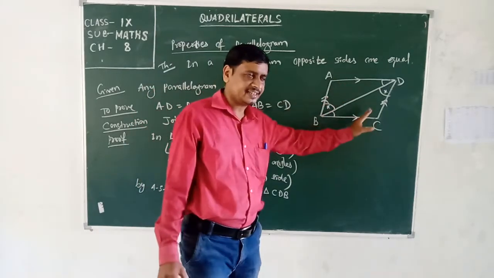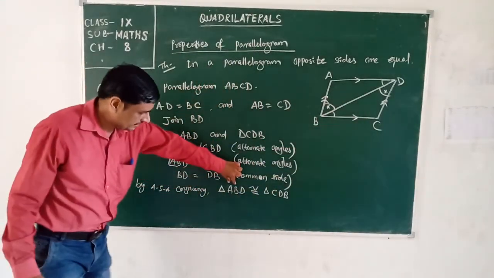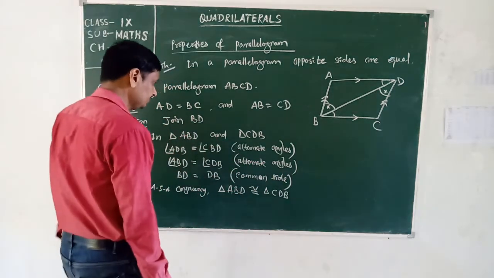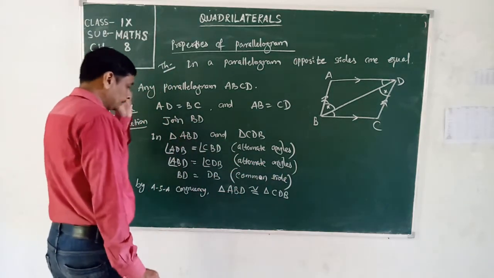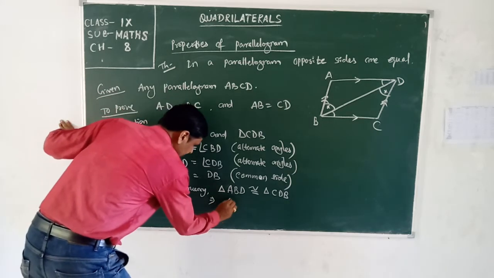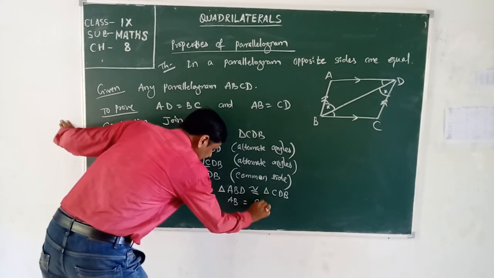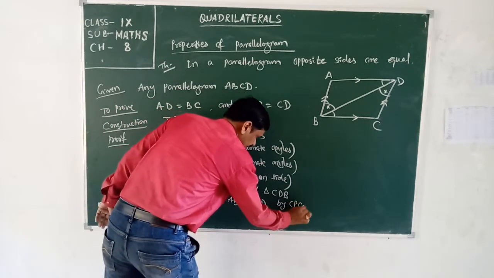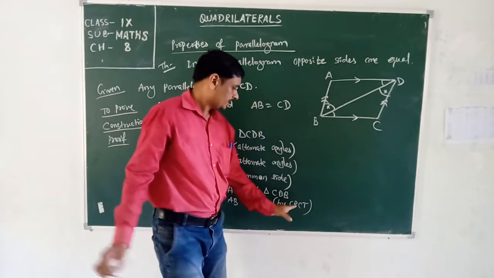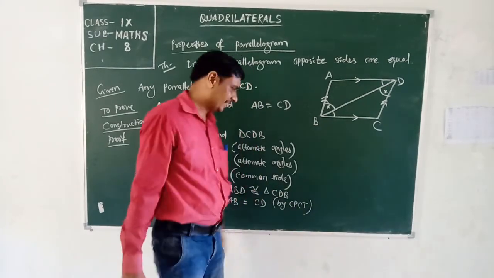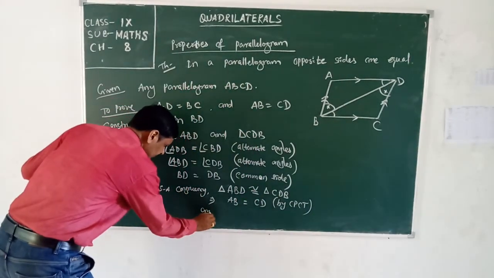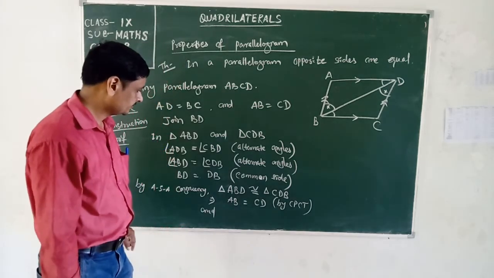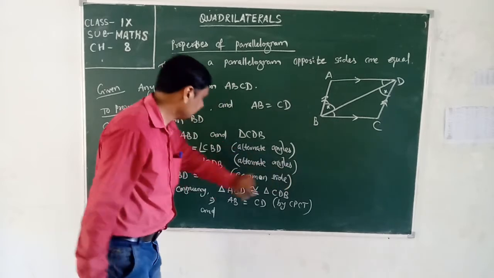If both the triangles are congruent, then side AB and side CD become equal. This implies AB equals CD by CPCT, corresponding parts of congruent triangles, and AD is equal to BC.